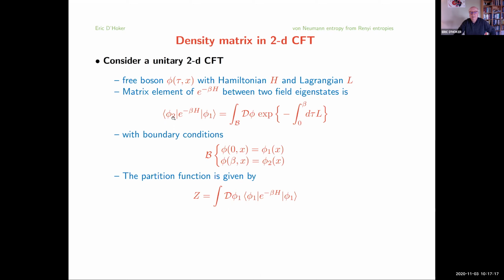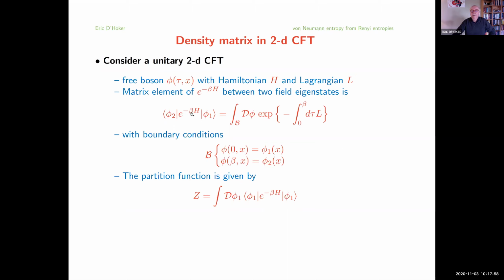So phi1 here and phi2 are functions of space only, and so in the functional integral representation, you integrate over all phi, the integral over the Euclidean Lagrangian, and then from 0 to beta, where beta is the inverse temperature, with boundary conditions. The boundary condition being that the field, when tau is equal to 0, is equal to phi1, and when tau is equal to beta, is equal to phi2.